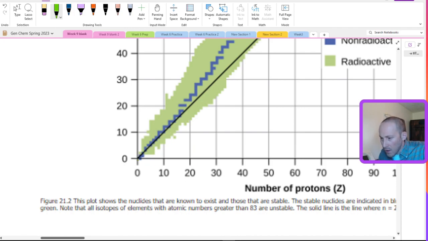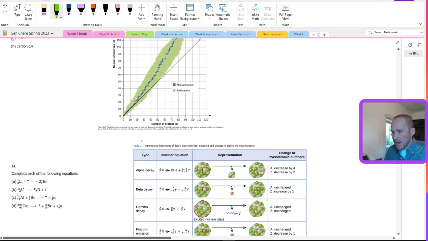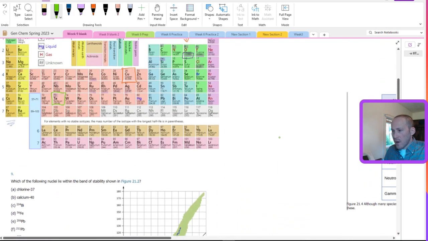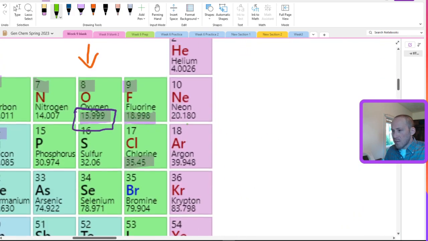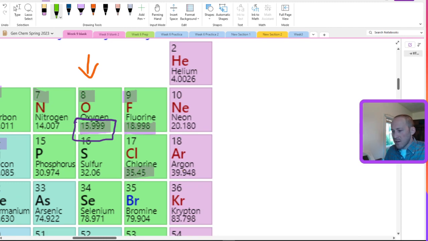Because here's 20. We can count it more in depth. 1, 2, 3, 4, 5, 6, 7, 8, 9, 10, 11, 12, 13, 14, 15, 16, 17, 18. And 18, so that's going up by proton. 18 protons is argon. So this actually makes a lot of sense.